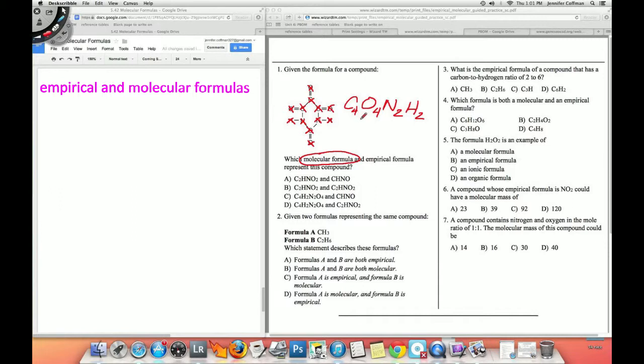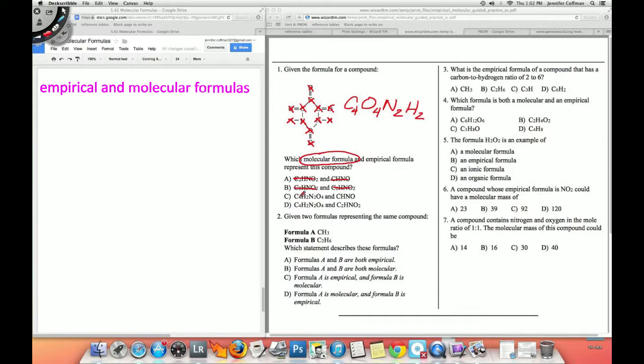So now let's go down to our answers. In our answer choices, we are looking for one that says 4 carbons, 4 oxygens, not necessarily in this order, but it has to have that number. Right off the bat, this one says 2 carbons, and this one says 1 carbon, so we're going to cross this out. And this one again, 2 carbons, so we can cross that out.